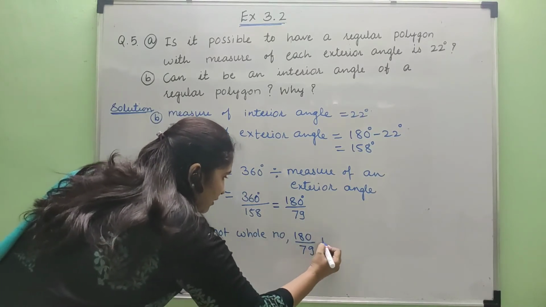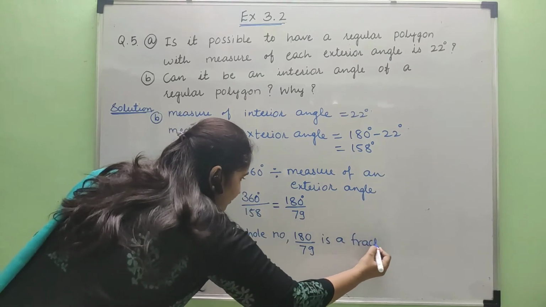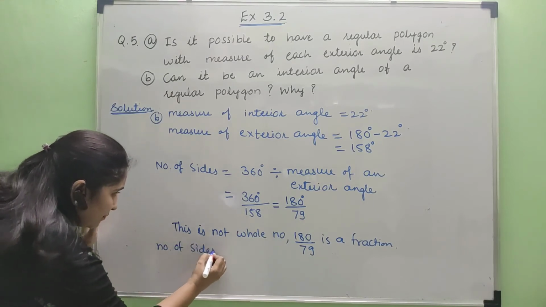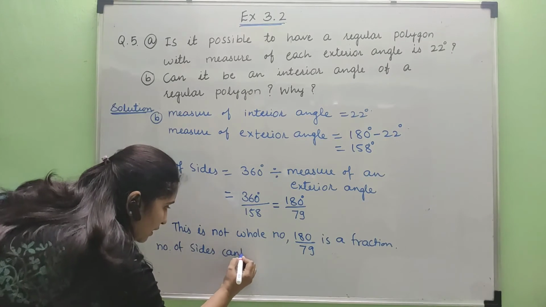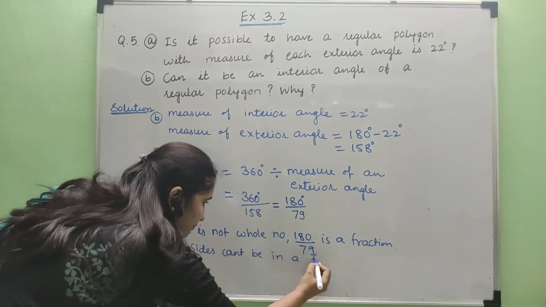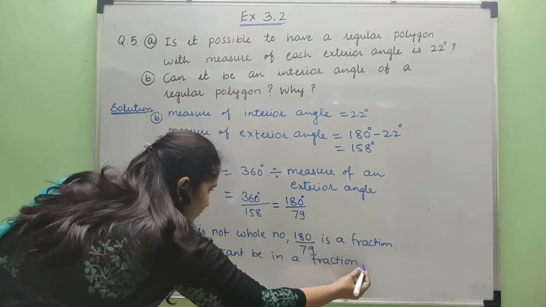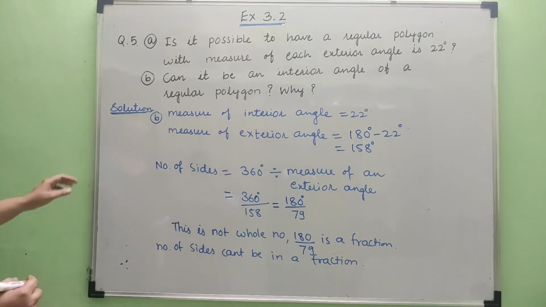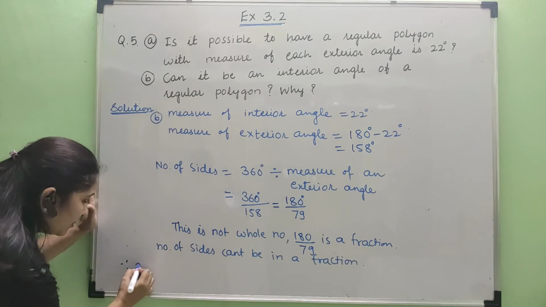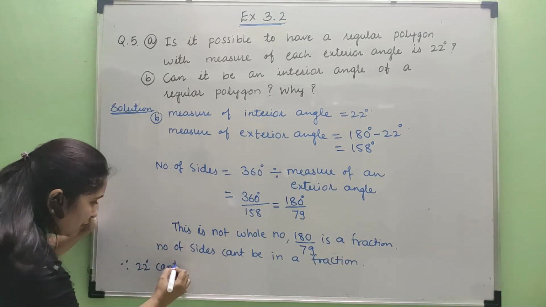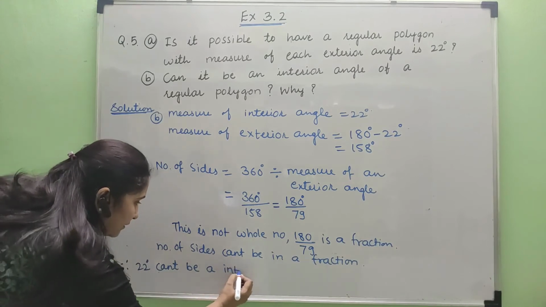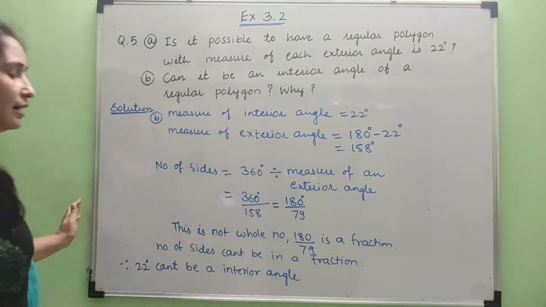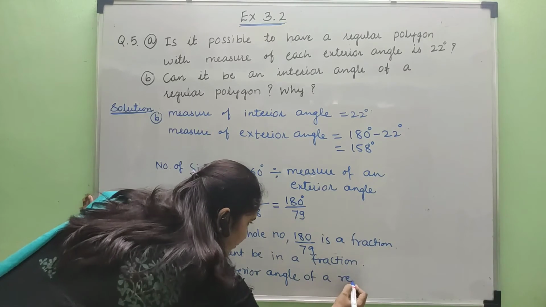We are giving reasons also here. The number of sides can't be a fraction, and therefore 22 degrees can't be an interior angle of a regular polygon.